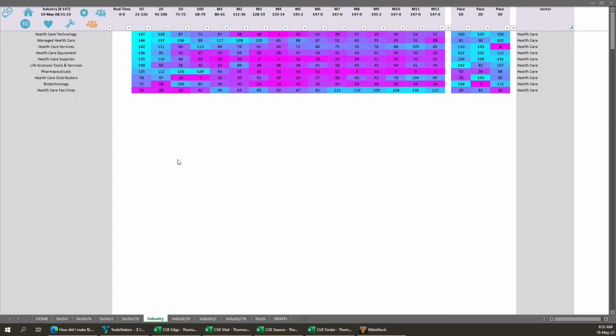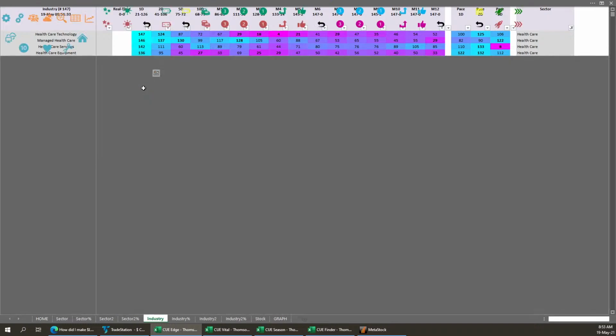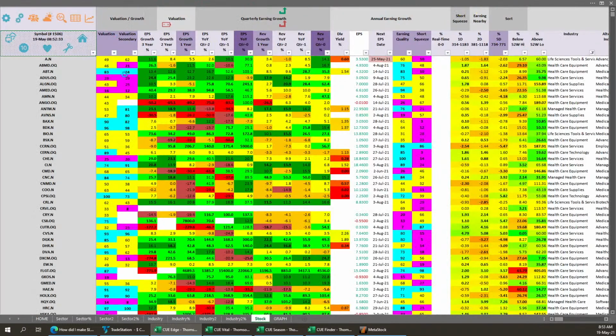And how did I find Vivo? I continued the top-down approach. So I looked at these industries and drilled down into the underlying stocks using a single click. Then I clicked the 3-star button.